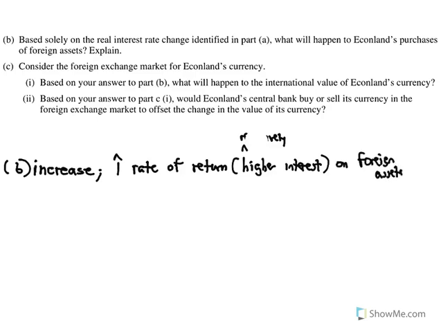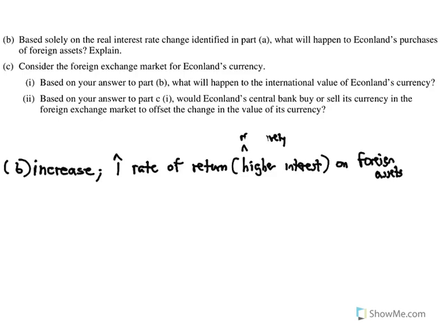So again, ceteris paribus, as we say in econ, if there's a lower interest rate in Econ Land, that's going to be lower compared to the interest rates elsewhere. And so I want to go and invest where the interest rate is as high as possible so I can get the greatest rate of return. And so that is why I'm going to purchase more foreign assets if I was in Econ Land.